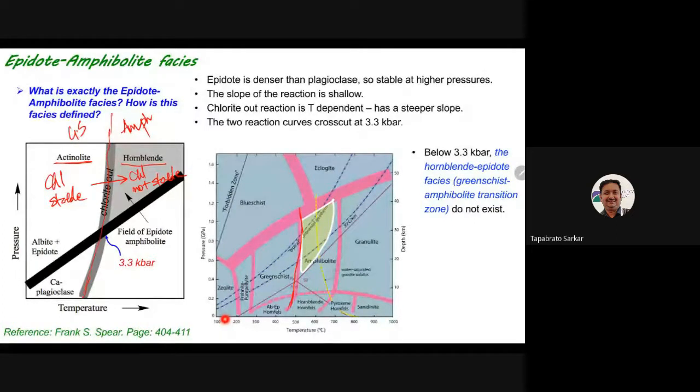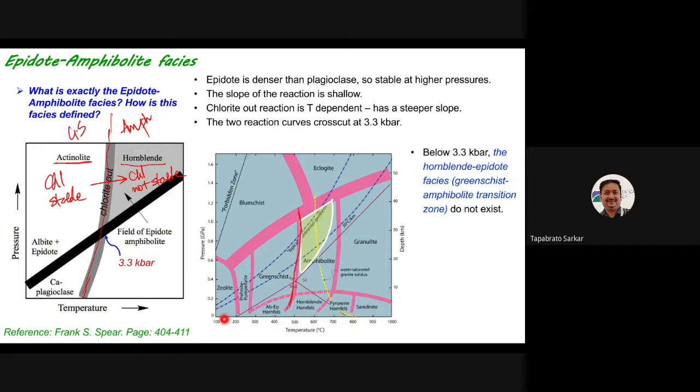The boundary at 500 degrees centigrade is along the chlorite stability field, where chlorite breaks down to form hornblende, or reacts with actinolite to form hornblende.